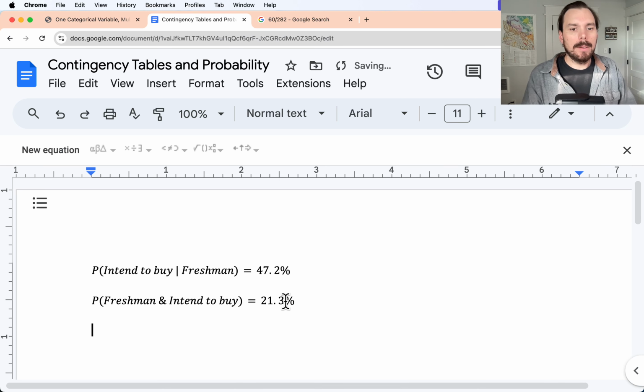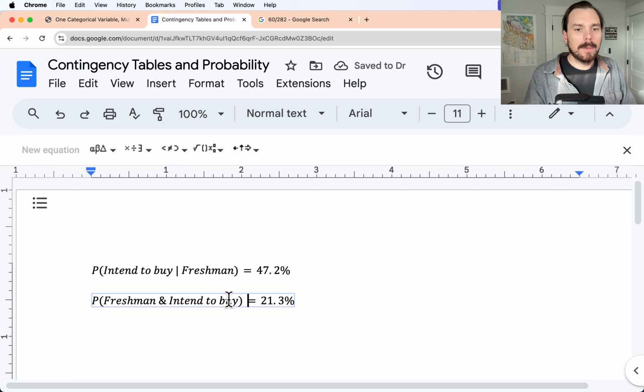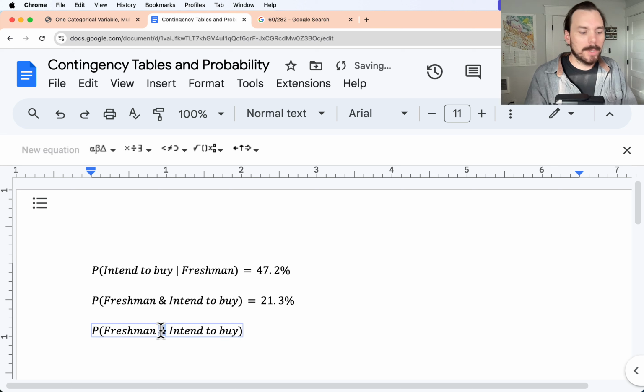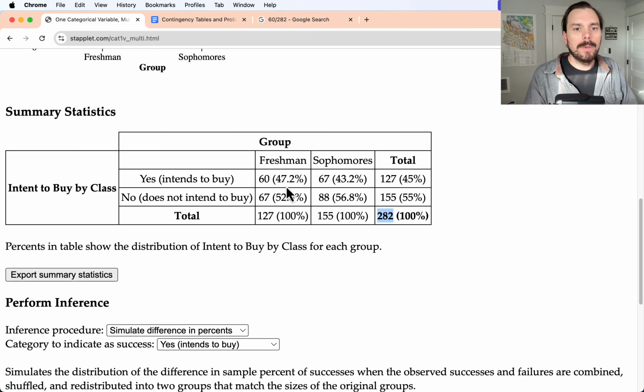And another one that you'll see a lot is very similar to this, but with an or. So we have the proportion of the sample who are freshmen or intend to buy. And I tend to think this isn't super helpful. It is called the union. And so we would look at those who intend to buy. There's 127 there. Or the person could be a freshman and land in this group as well.